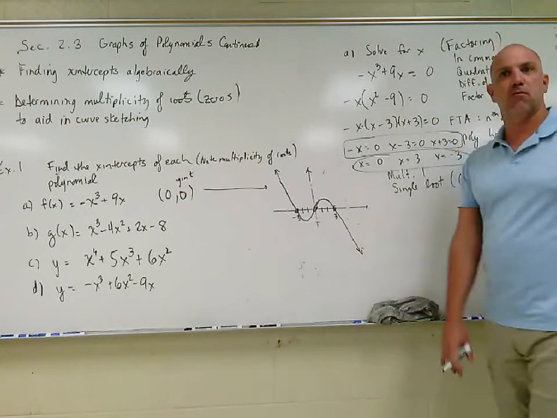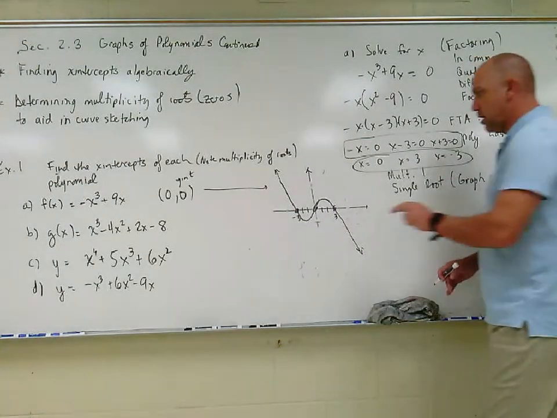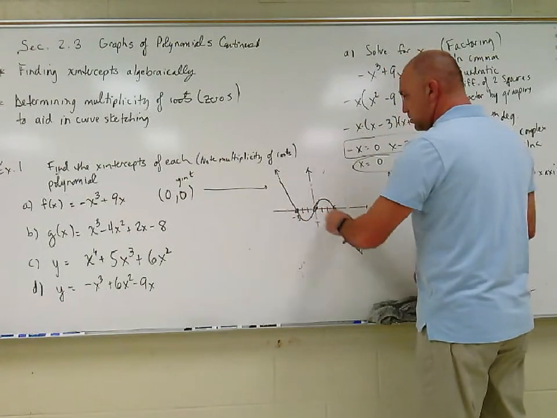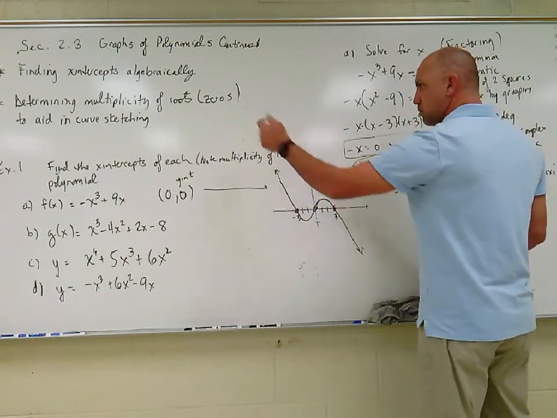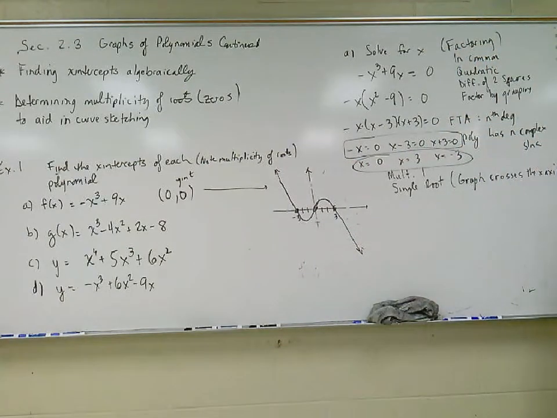And now I put the graph together. Because at a single root, the graph just crosses the x-axis. And I've connected the dots. A third degree polynomial has 2 hills and valleys, which is fine. And there you go. Any questions?